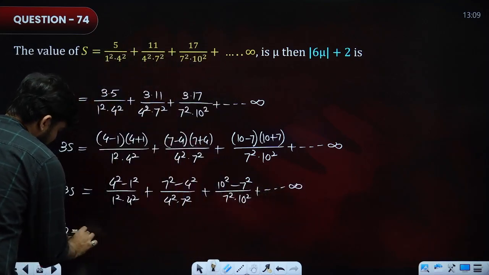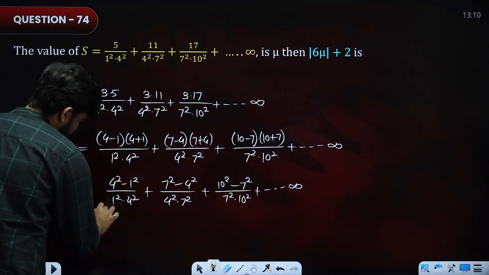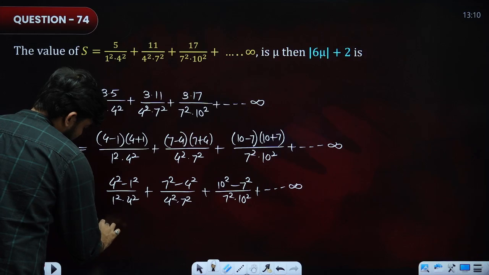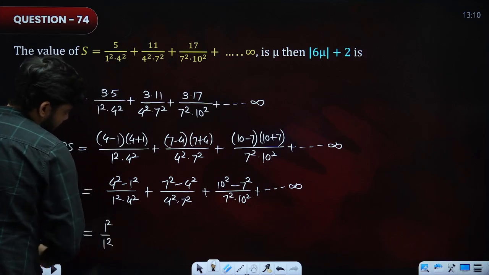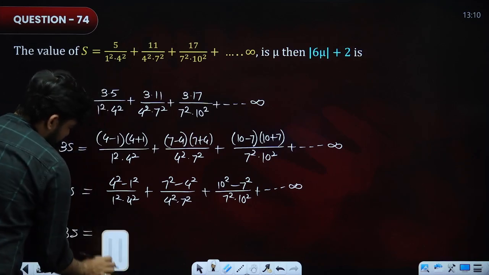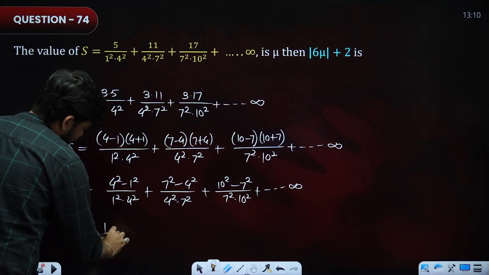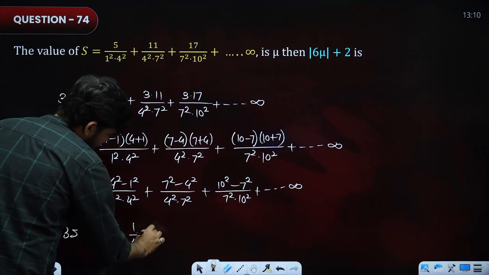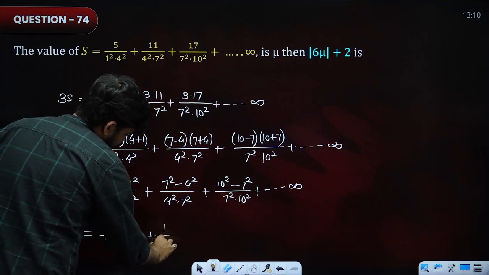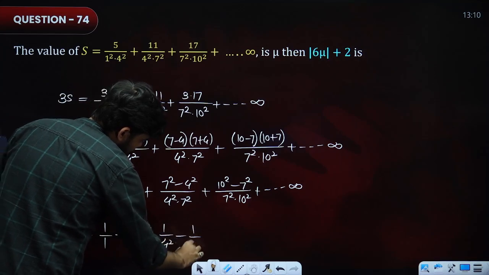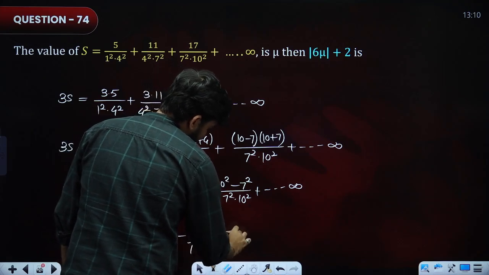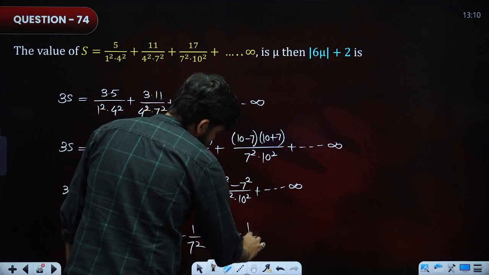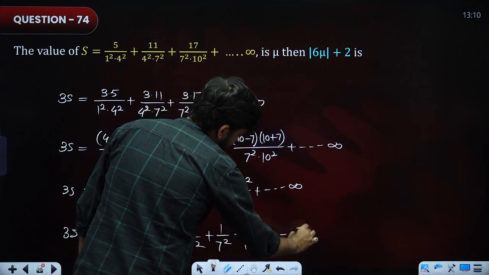So therefore 3S is equal to 1 upon 1 square, you can say 1 upon 1 minus 1 upon 4 square, plus 1 upon 4 square minus 1 upon 7 square, plus 1 upon 7 square minus 1 upon 10 square, and so on.